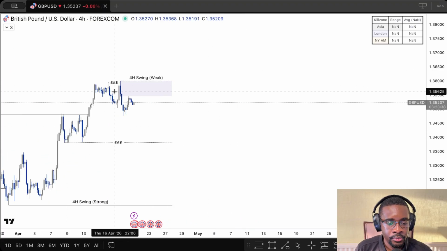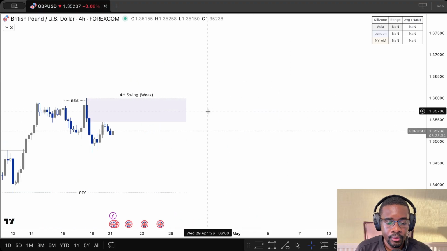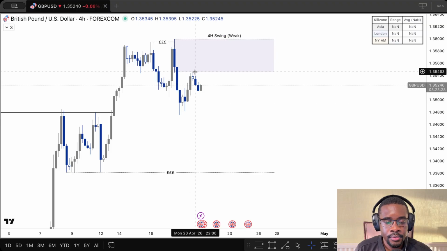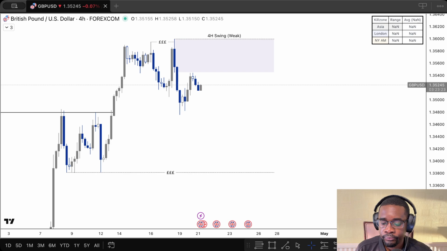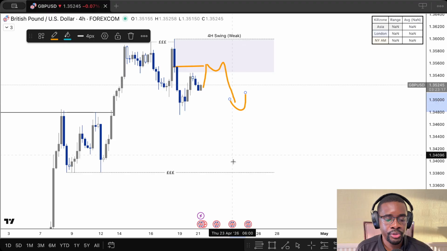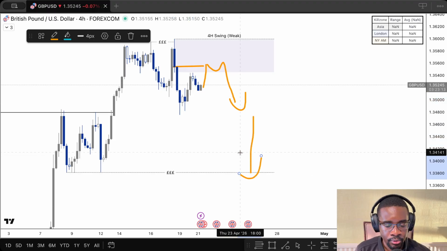After break of structure, we do expect price to pull back. We've had a strong reaction, missed the zone by a few pips. Okay, price could still push in a little bit. Okay, and then continue bearish, maybe targeting these relative equal lows.